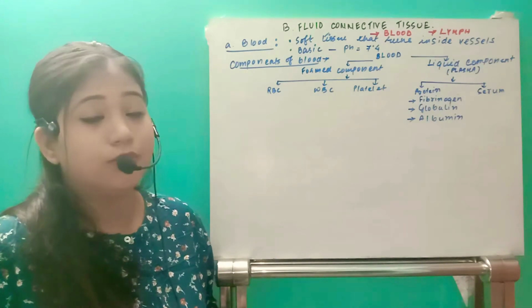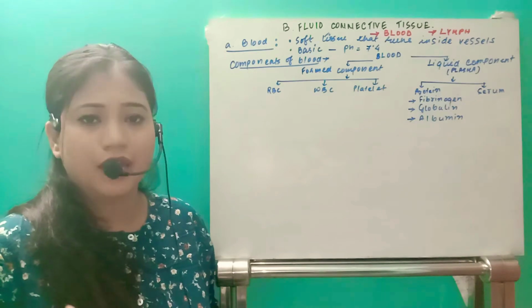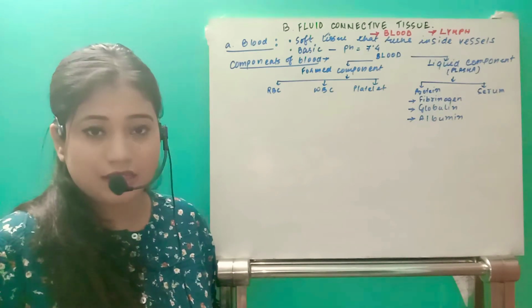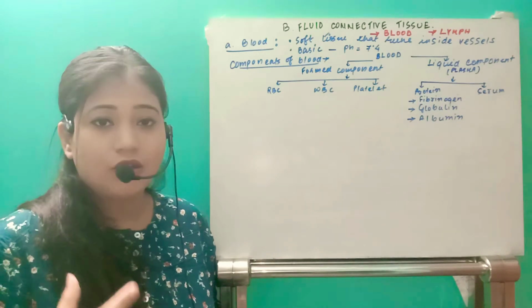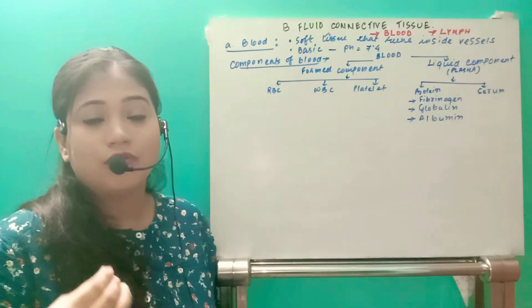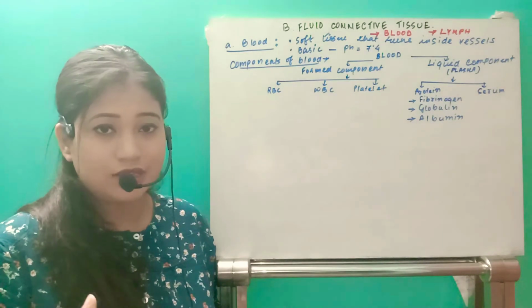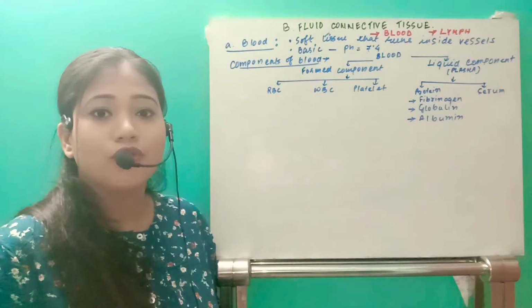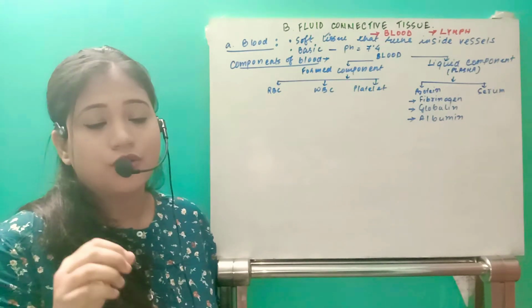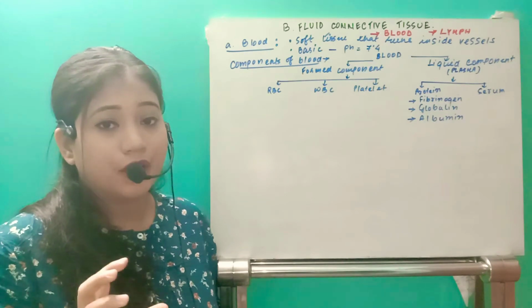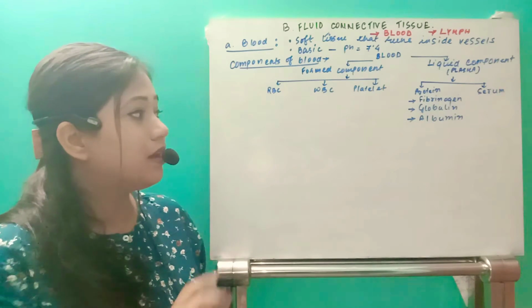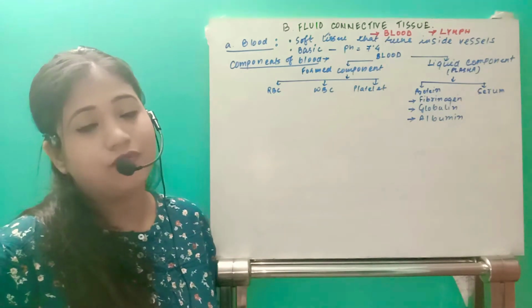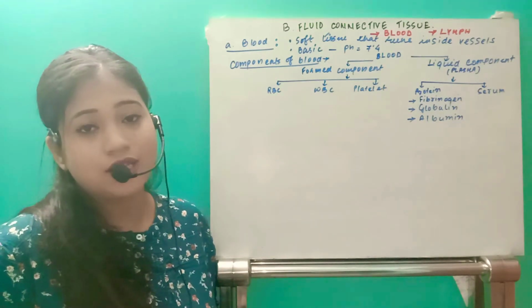Now for albumin, our blood has a consistency, right? That means how fluid it is, or what is the viscosity of the blood? Is it thicker or more dilute? That fluidity is maintained by albumin. So albumin maintains the osmolarity of the blood.